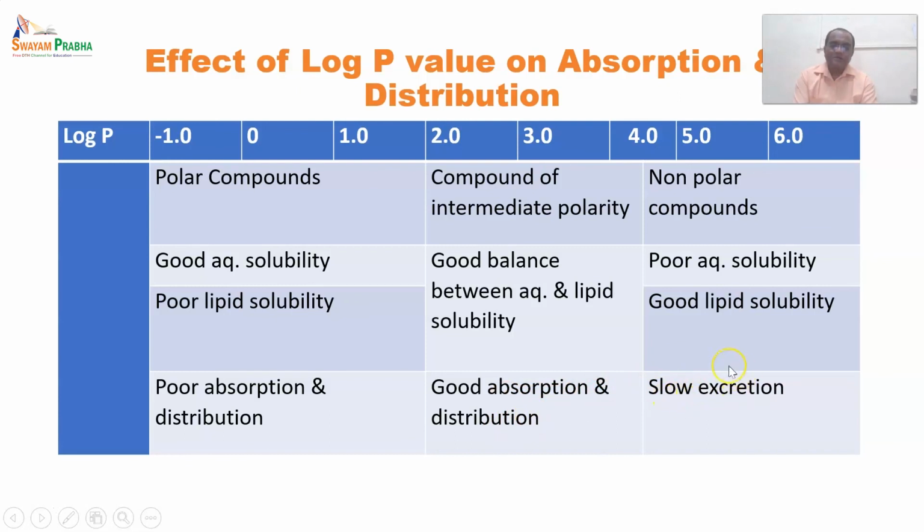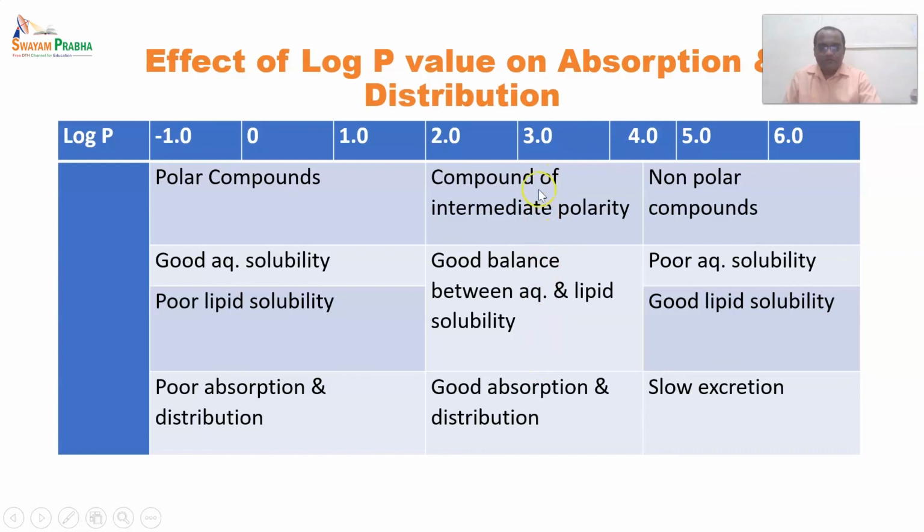Earlier we discussed that a molecule to be excreted should have the property of hydrophilicity, or should be easily solubilized with water. But as it has lipid character, it will not be excreted, so it will move in the body in different compartments. As hydrophilicity increases, there will be excretion, but due to less aqueous solubility, there will be slow excretion.